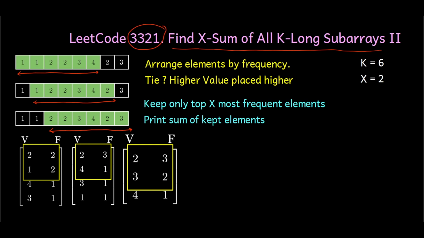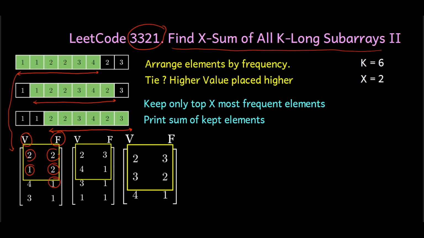The description says to consider any subarray of length k and construct the frequency map of it. In this frequency map, the first column represents the value and the second column represents the frequency. Since 2 appears 2 times, the value is 2 and the frequency is 2. 1 also appears 2 times. 4 appears 1 time and 3 appears 1 time.